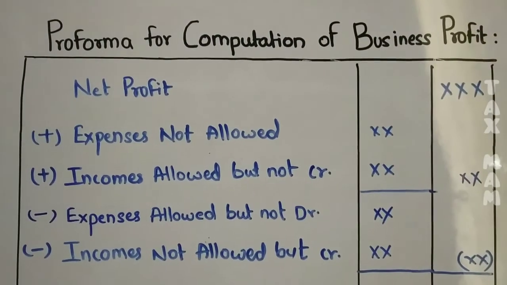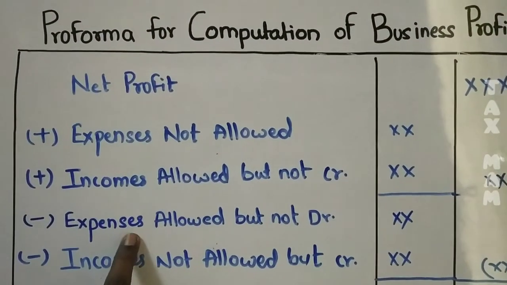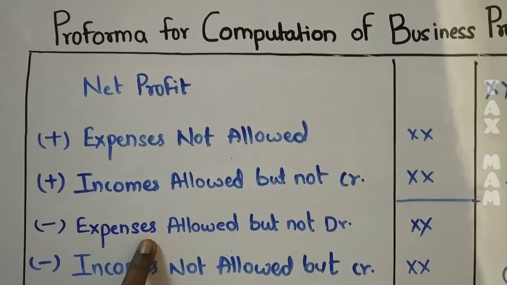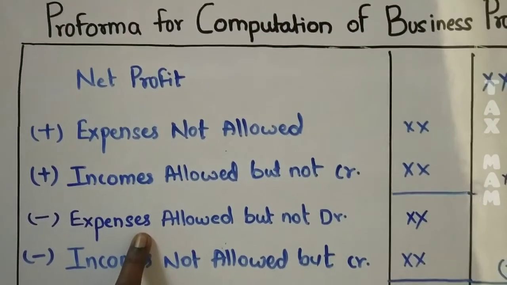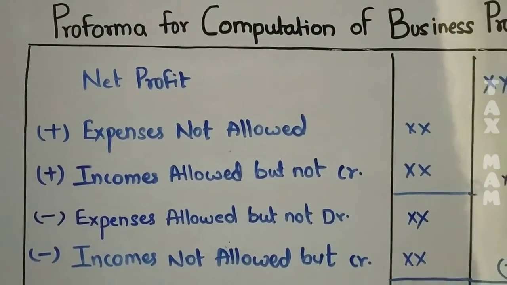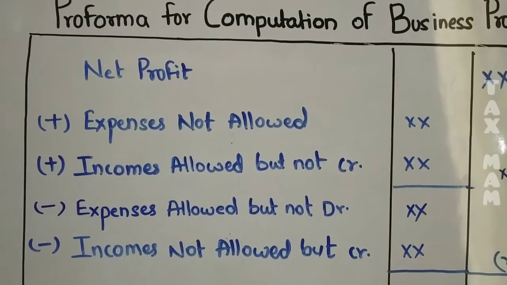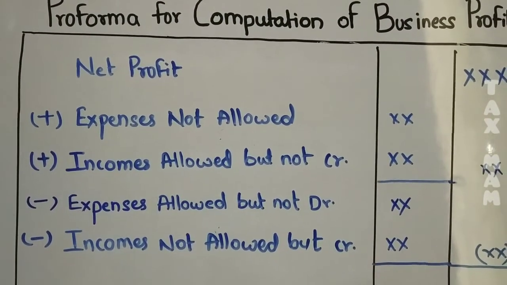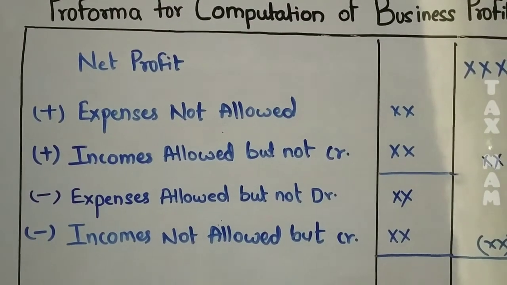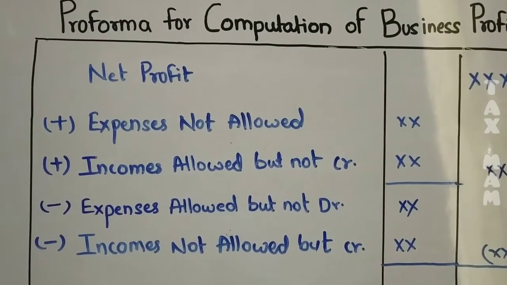The expenses which are allowed are derived under sections 30 to 37. Section 37 is a general deduction section, and from 30 to 37 all the expenses are allowed under business profit. Section 30 talks about rent, as I said.